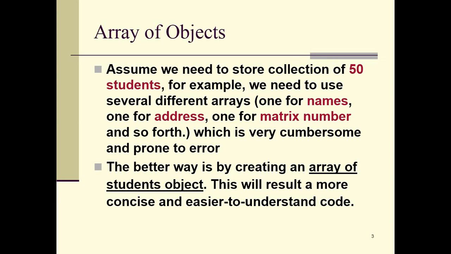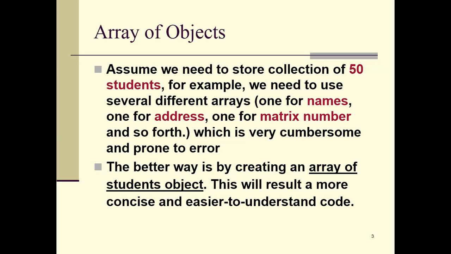Assuming that we have 50 students that we want to save, we need to use several different arrays: one for name, one for address, and one for metric number and so forth, which is very cumbersome. That is for a normal array.